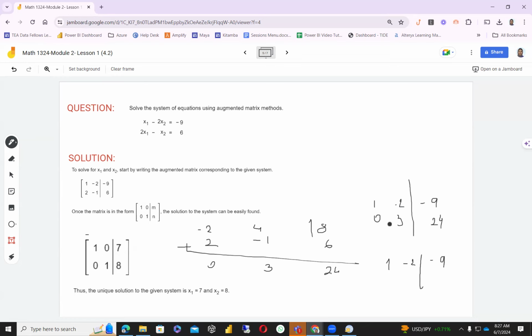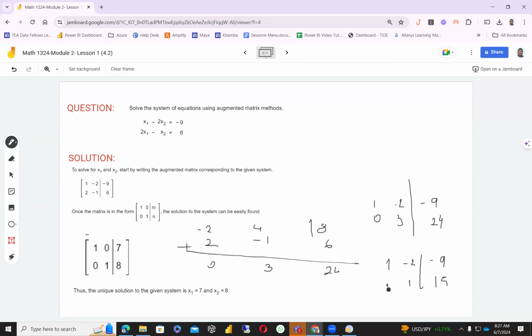And then I'm just going to add these 2 rows and copy them on the second row. So 1 plus 0 is 1, -2 plus 3 is 1. And then when I add the -9 and 24, that's going to be 15. Okay, so 1, 0.